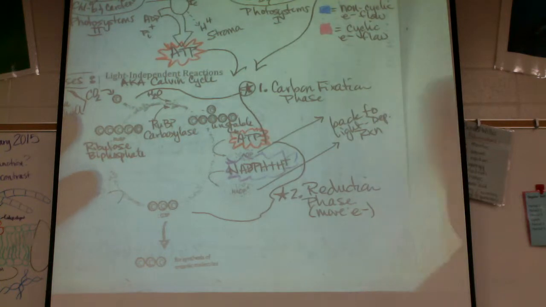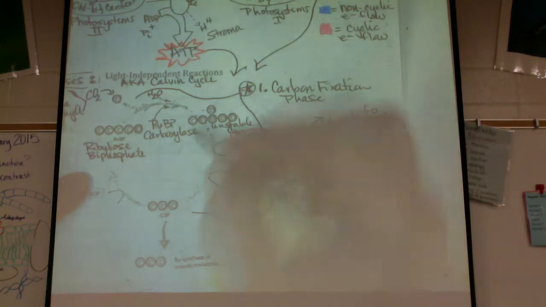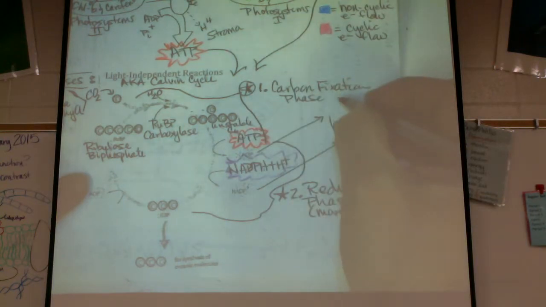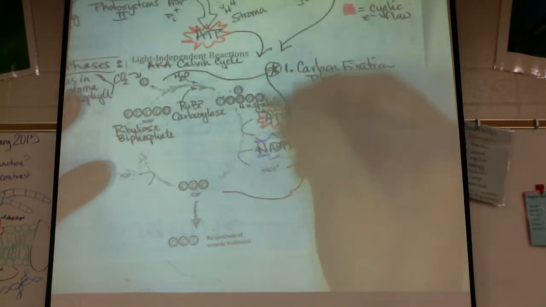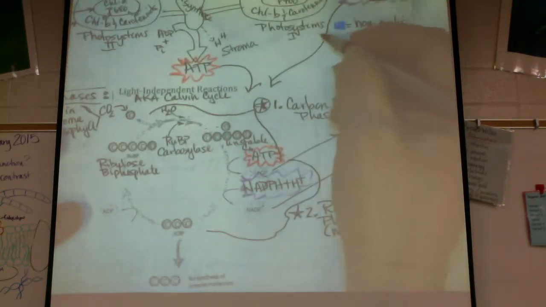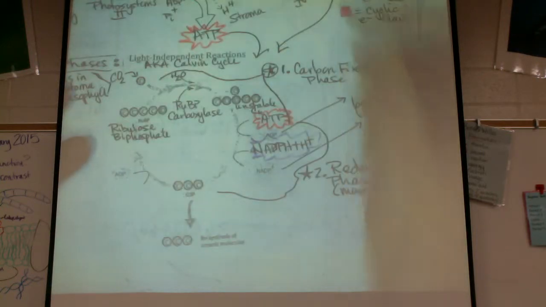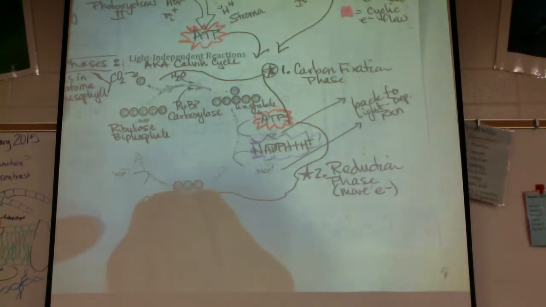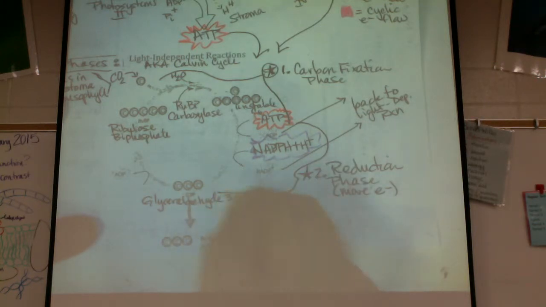So what we have now, we had this unstable 6-carbon molecule that got formed during the first phase, the carbon fixation phase. You take and add the energy from photosystem 2 through ATP and the electrons that were formed during photosystem 1 to do a reduction phase to form G3P, which is glyceraldehyde 3-phosphate.